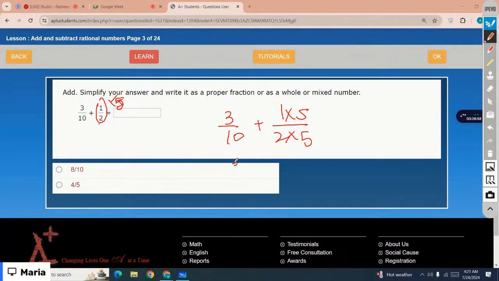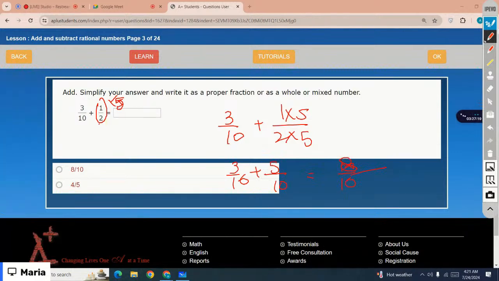That is 3 over 10 plus 5 times 1 is 5 and 5 times 2 is 10. So this you can simply add numerators. That is 3 by 10 plus 5 by 10. So the correct option is 8 over 10.